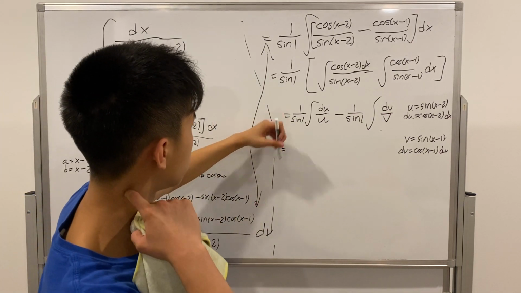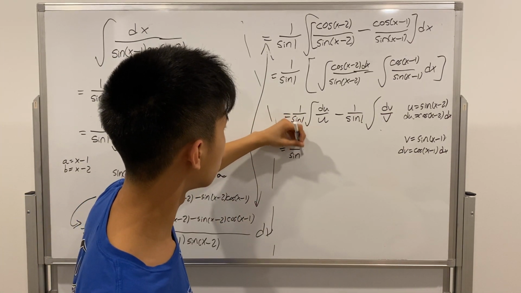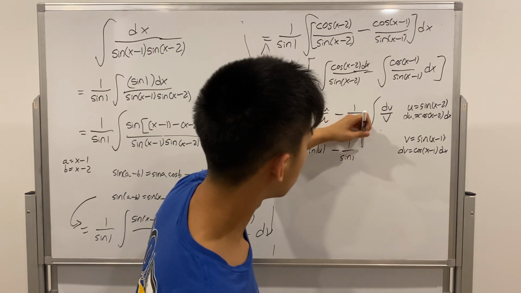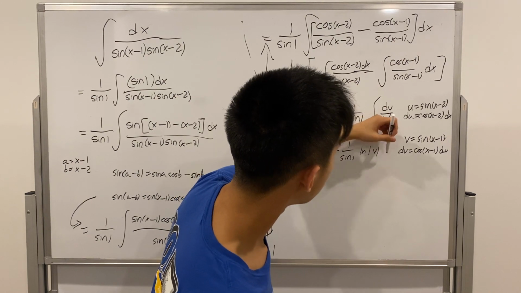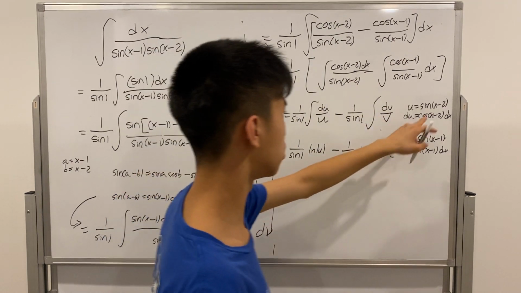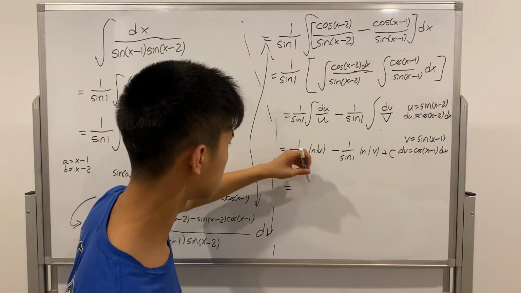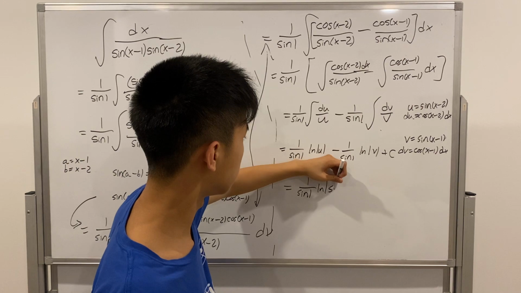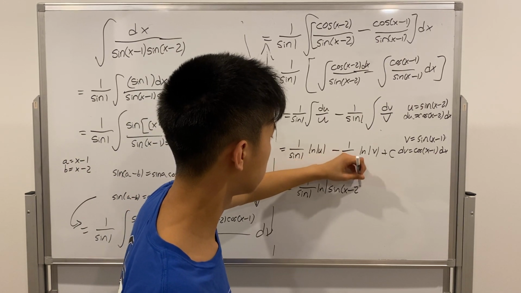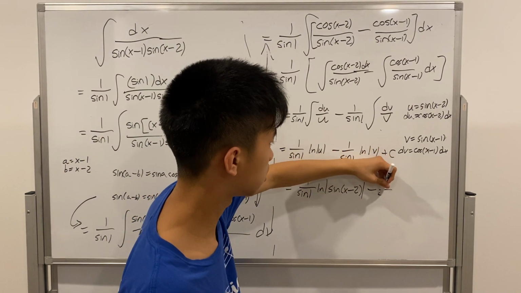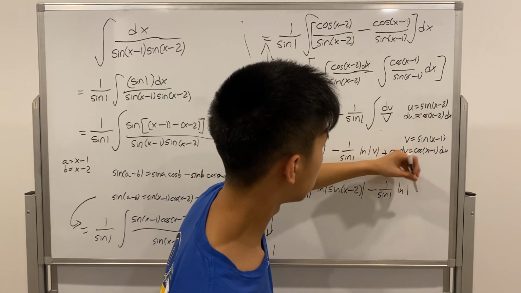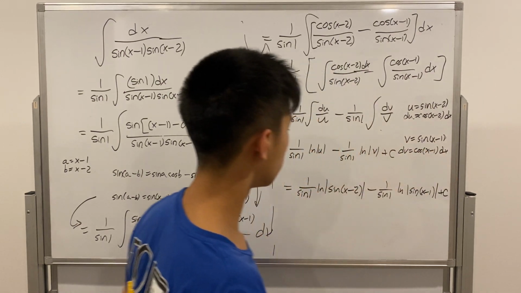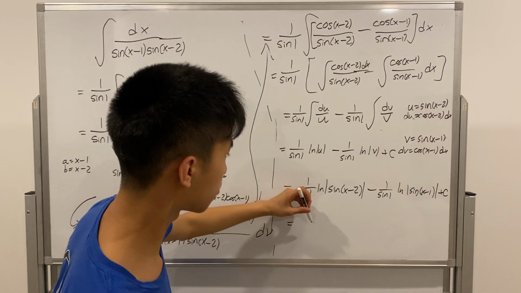Just integrating that, we get 1 over sine 1 of ln u minus 1 over sine 1 ln v plus c. But remember that u and v are the respective functions, so now we can plug it in: 1 over sine 1 ln sine of x minus 2 minus 1 over sine 1 ln sine of x minus 1 plus c. Then we can simplify it using properties of logarithms.